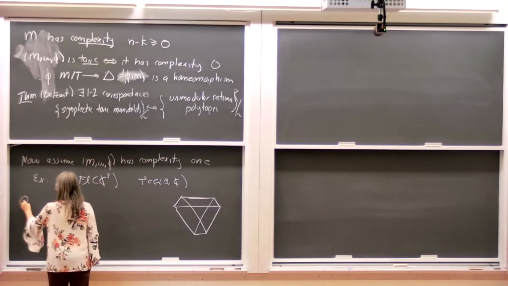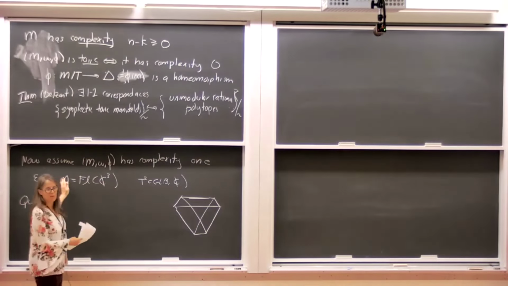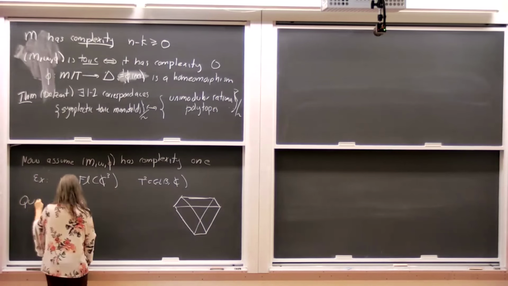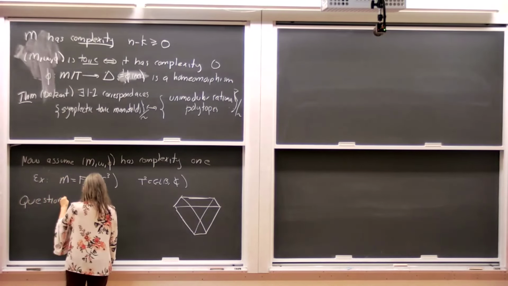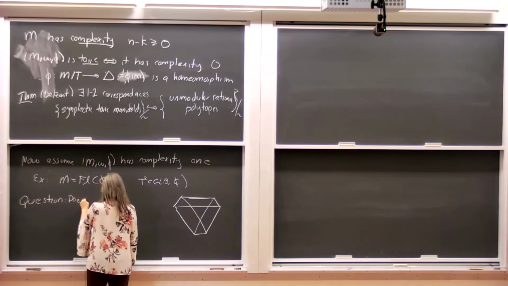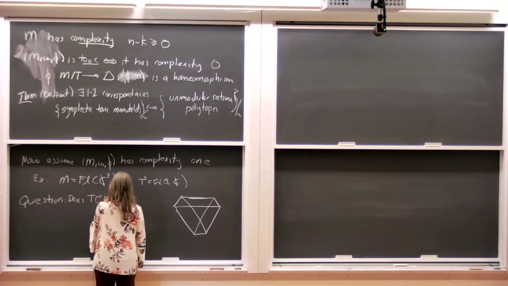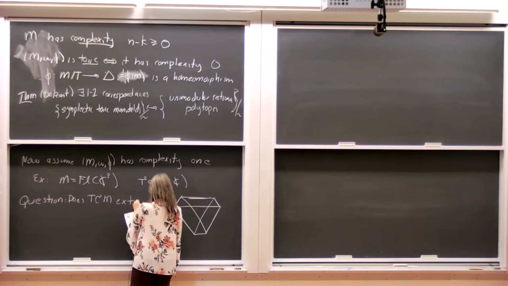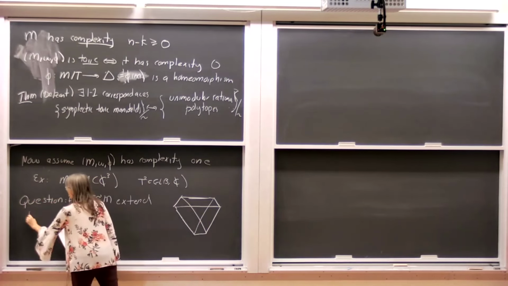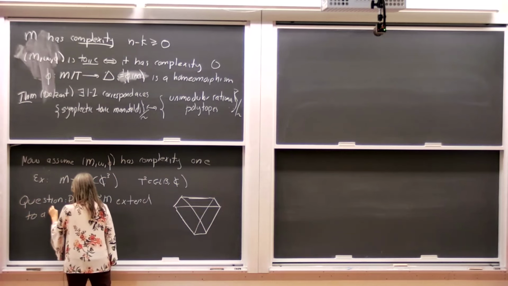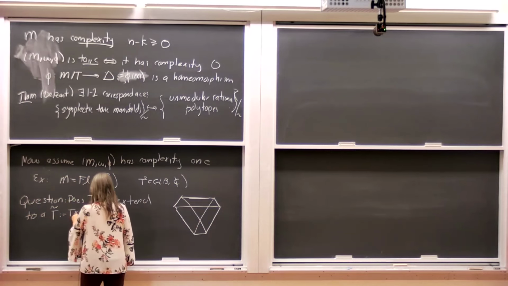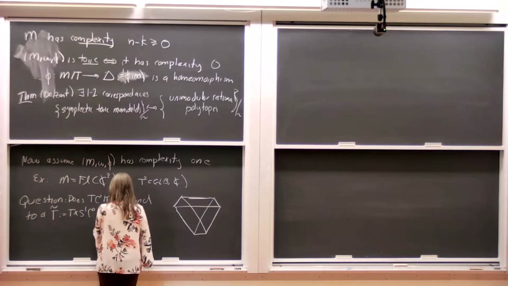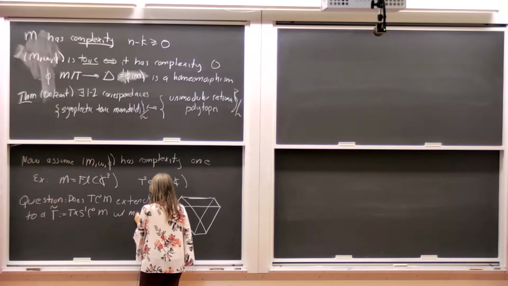And so the question, not so much for this example, but in general: does the torus action on M extend to a T cross S1 action on M with another moment map?